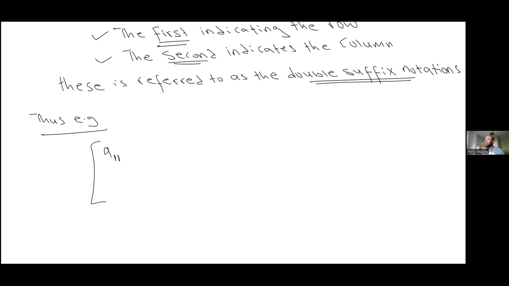Or you can also have first row, second column, first row, third column, first row, fourth column. Now, this is in the second row, first column. This is in the second row, second column. This is in the second row, third column. And this is in the second row, fourth column.